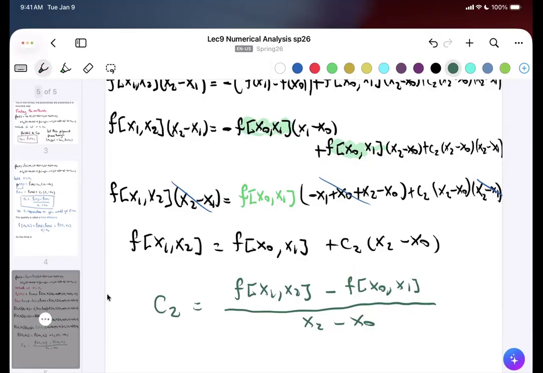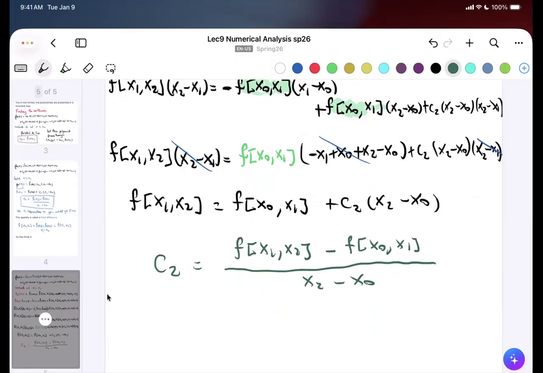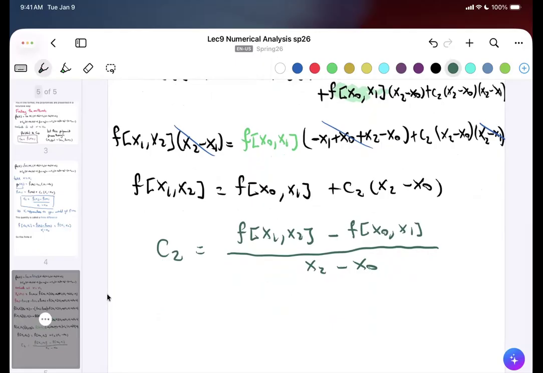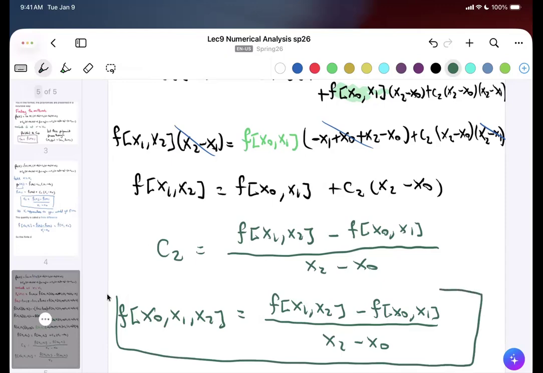So instead of calling it C2, because the name is not very informative, we define this quantity as f of x0 comma x1 comma x2.